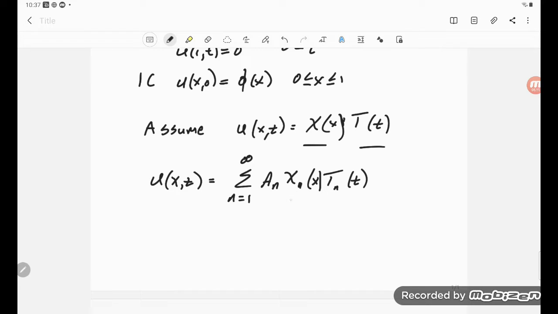So there's going to be possibly an infinite number of these pairs of multiplied functions, but we'll get to that, and we'll end up using technology to do this, but we'll show the derivation here as to kind of what happens. So okay, so we're going to start here, and we're going to get to something like this.